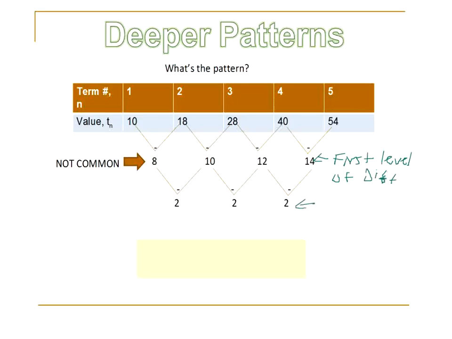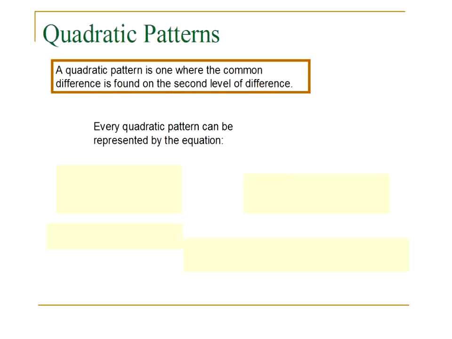And so what we have to do here is figure out what this common difference means. Well, we certainly realize that it's not going up by the same amount each time, so it's not a linear equation. And so we'll have to figure out what type of equation we're going to do to fit this. These are called quadratic equations, the equations that will model these quadratic patterns.